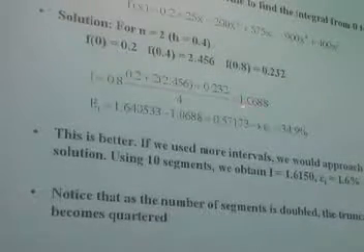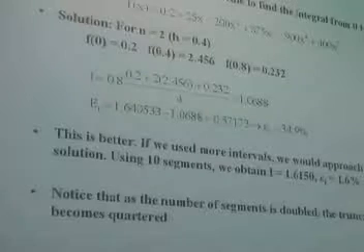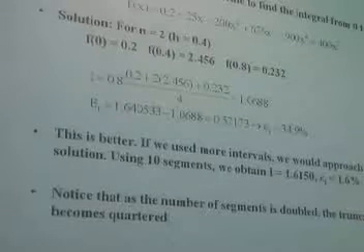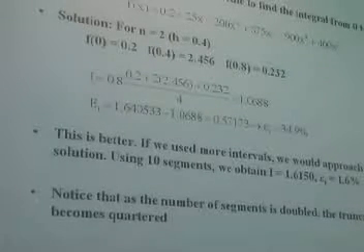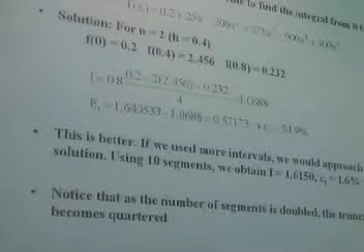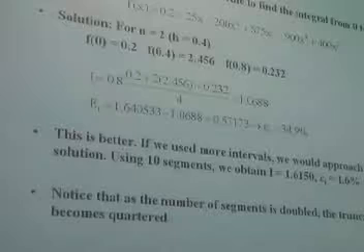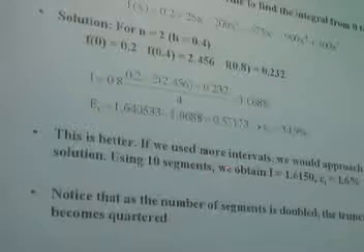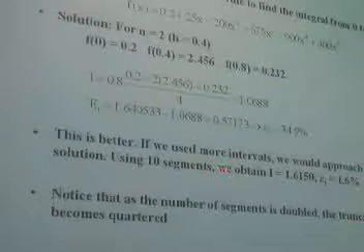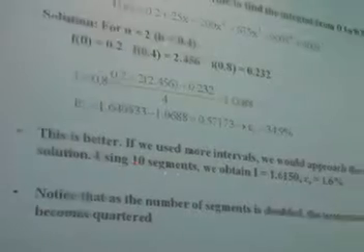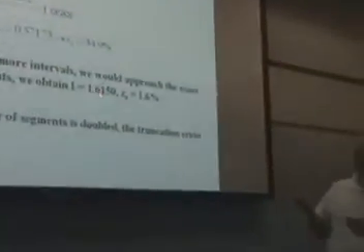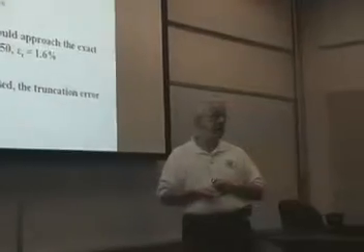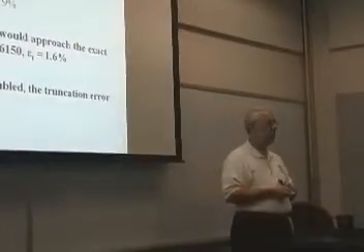Now it's 1.06. Our error is now about 35%. Just doing 2 segments, we've cut it to less than half of the 1-segment error. That's better, obviously. Use more intervals, you get closer to the exact solution. If I use 10 segments, we get 1.61. Now we're down to a little less than 2%.